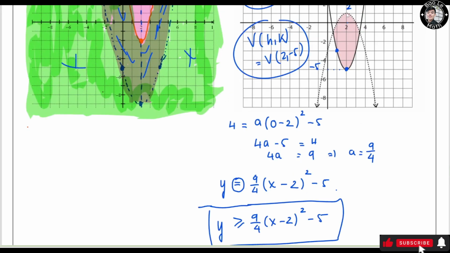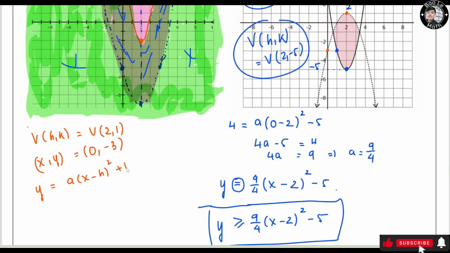Now for the second graph, I'm going to locate the vertex, it could be right here, x equals 2, y equals 1. So the vertex h and k is going to be (2, 1). And the y-intercept is right here, x equals 0, y equals negative 3. Now I'm going to substitute these 2 points into the vertex form, y equals a times (x minus h) squared plus k. y equals negative 3 right here, a times (0 minus 2) squared plus 1.